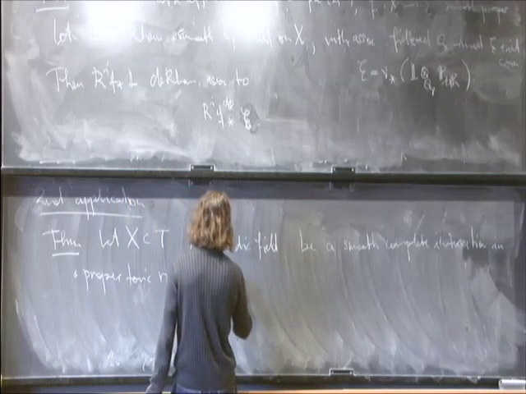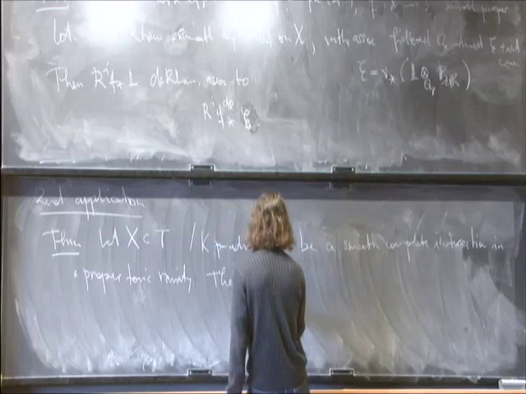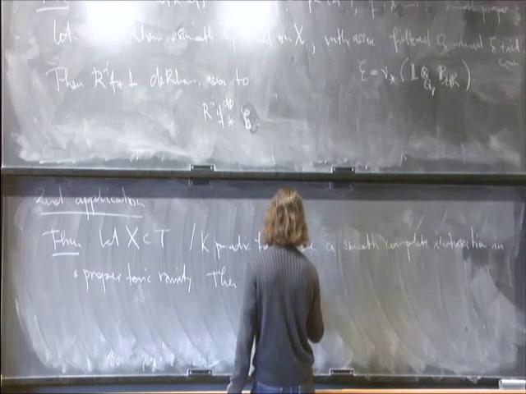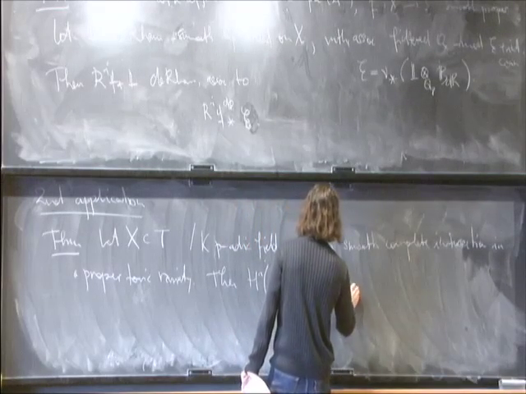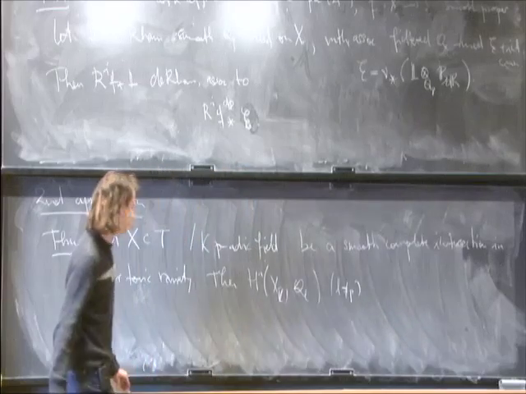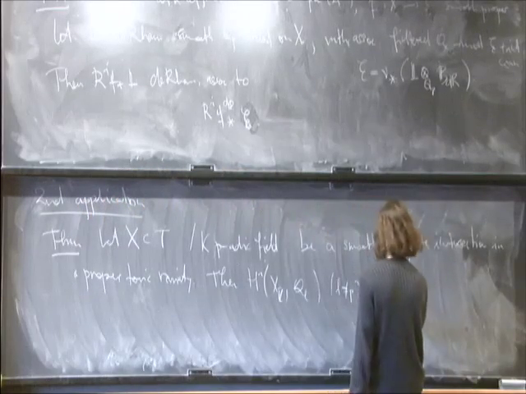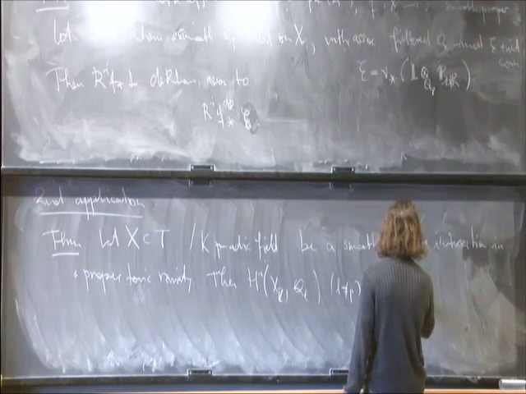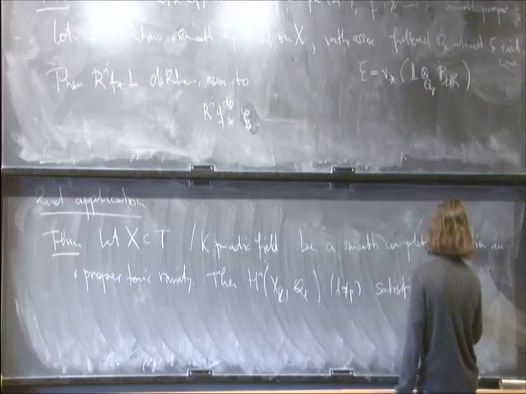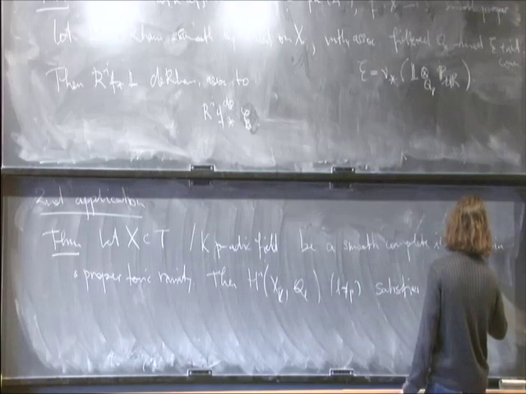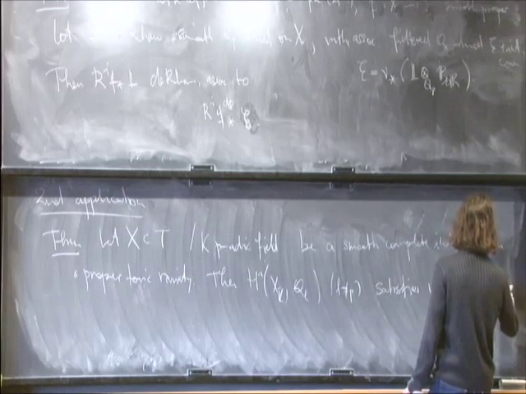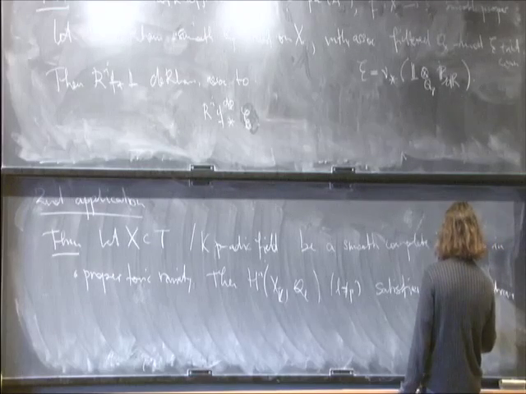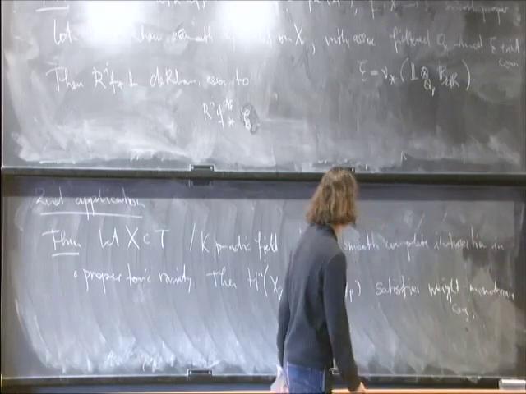Then if you consider the l-adic cohomology of x k bar with coefficients in Q_l, l not equal to p, then this satisfies the weight monodromy conjecture, or is pure of weight i, as in Kerajan's talk.